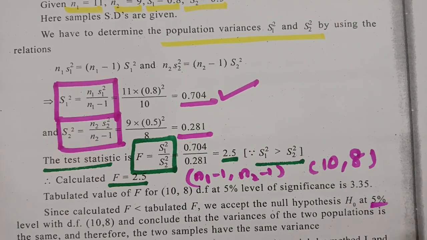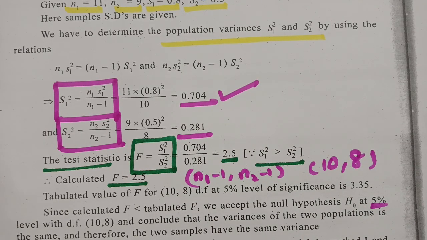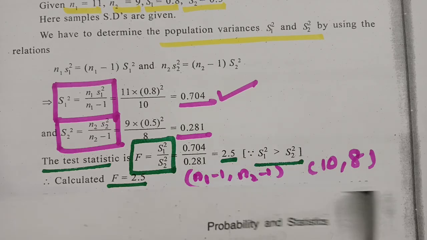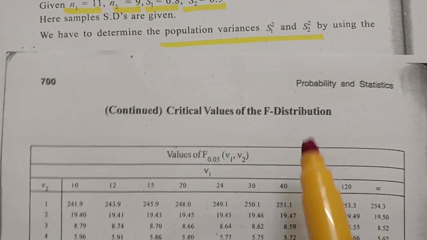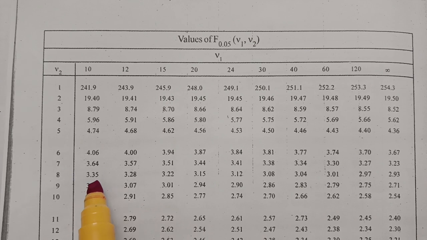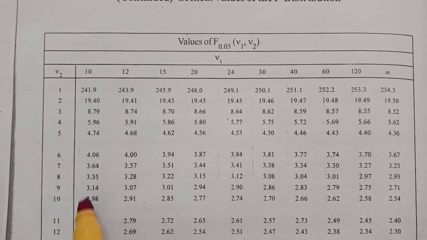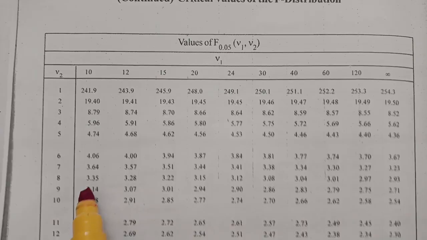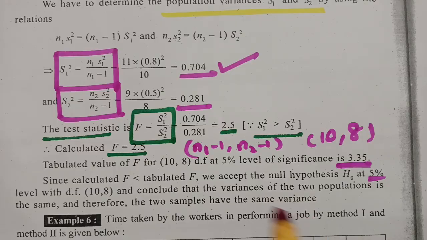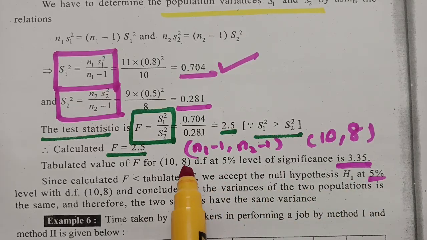At 5% level of significance, we are going to check the F distribution at 10 comma 8. The value here is 3.35. So for v1 10 and v2 8, it is 3.35 at 5% level of significance.